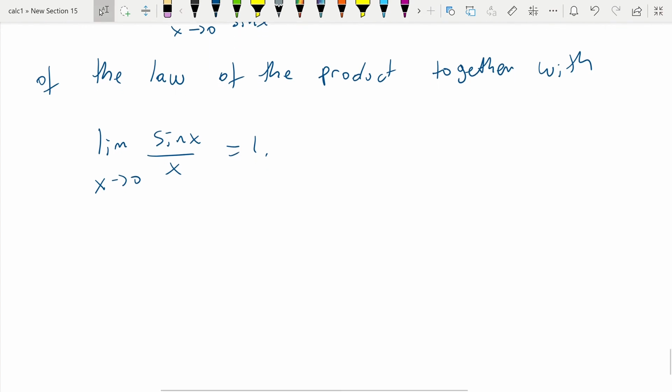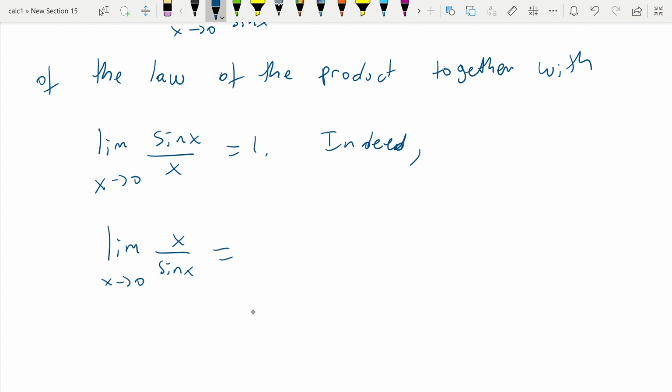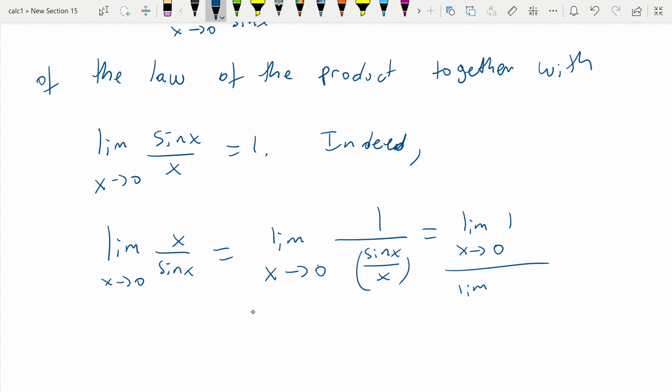How? Well, indeed, the limit of x over sine x as x approaches 0 is equal to the limit as x approaches 0 of 1 over sine of x over x. This is another way of writing the same fraction. And this is the limit of 1 as x approaches 0 divided by the limit of sine x over x as x approaches 0.